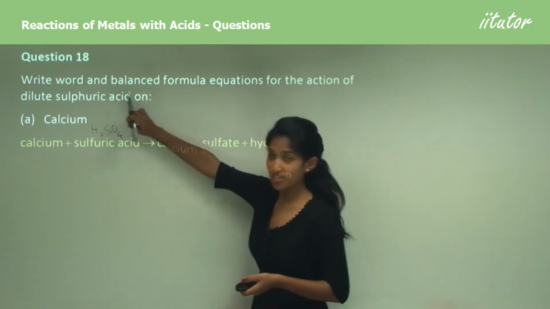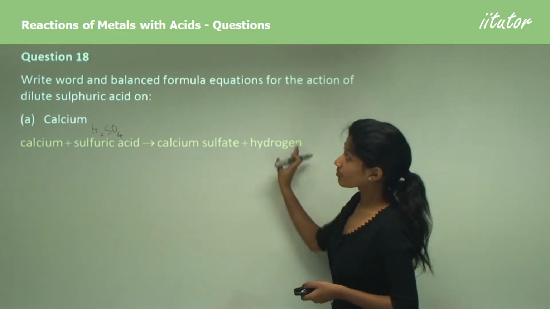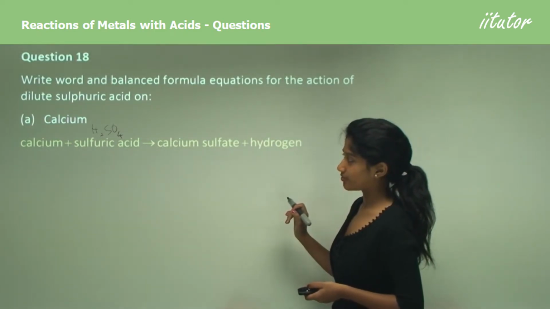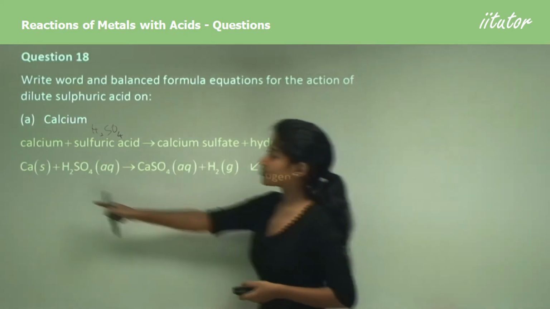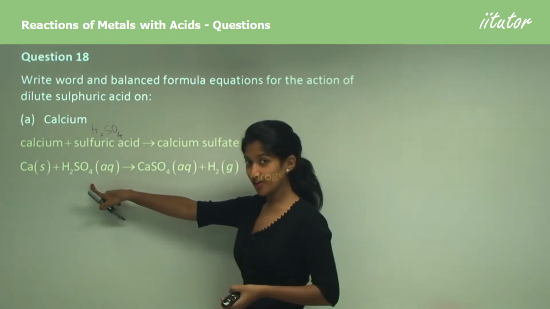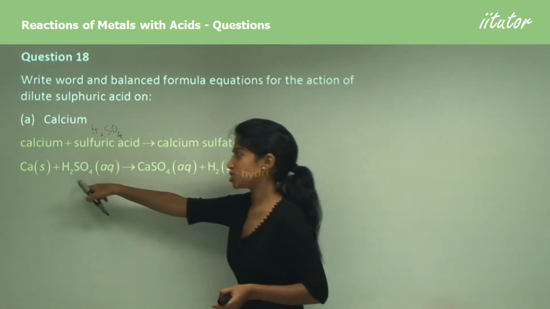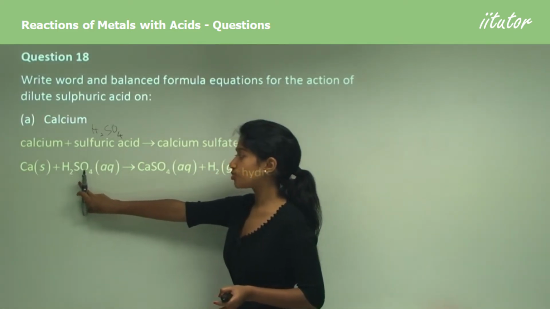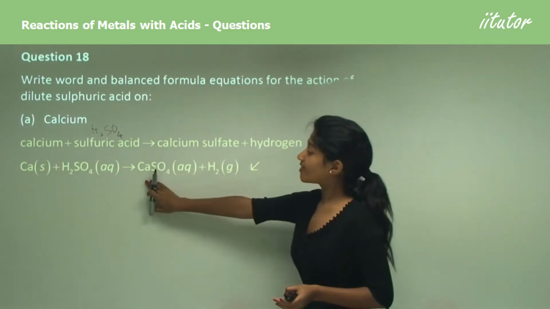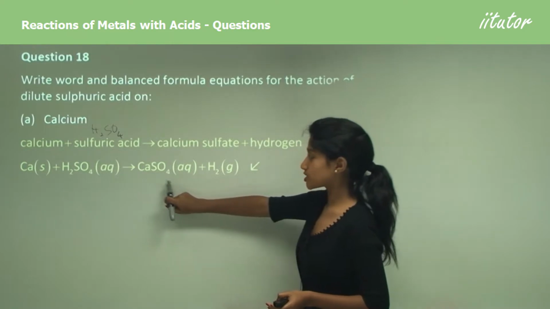Now this part is a sulfate, calcium sulfate plus hydrogen. Now you have to write a balanced formula equation as well. When you're writing it, you have Ca, which is your calcium, reacting with your sulphuric acid. Now the formula for sulphuric acid should be known, just memorize it as H2SO4. And then we have calcium sulfate, which is CaSO4.